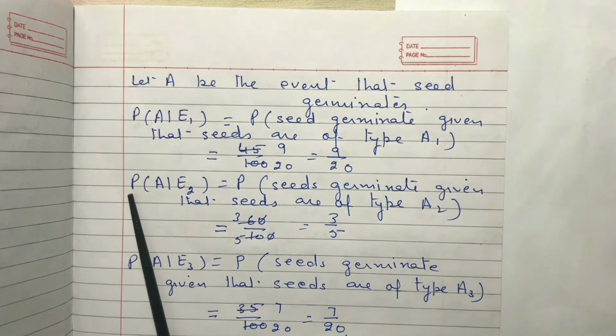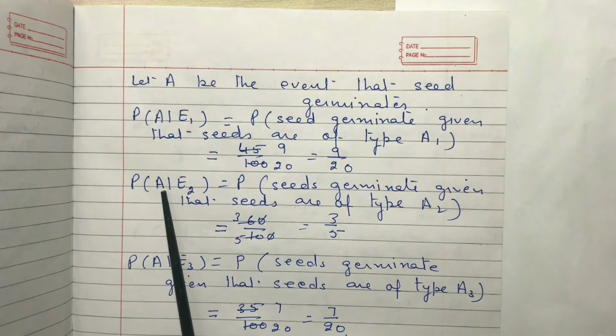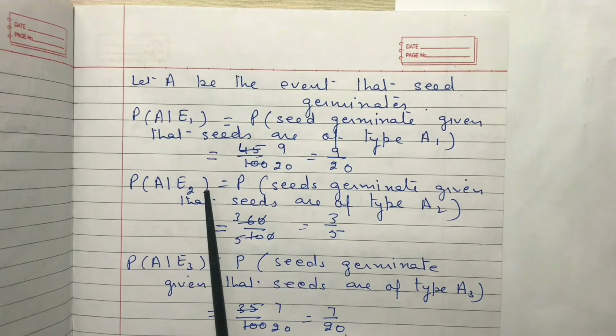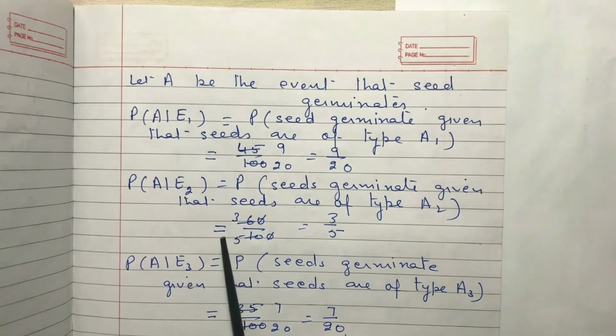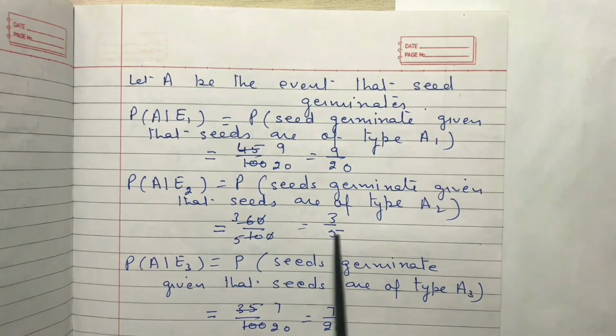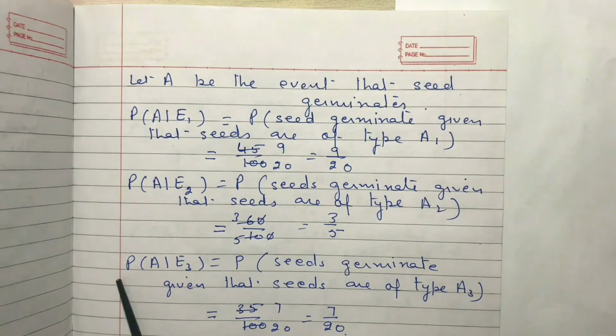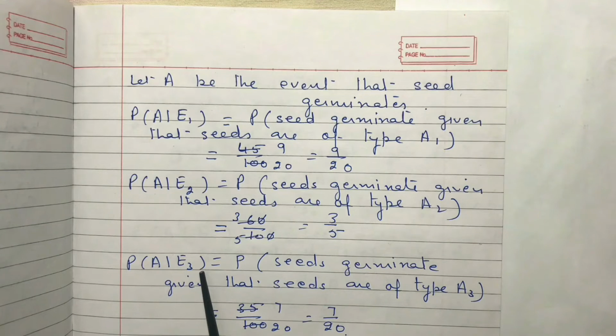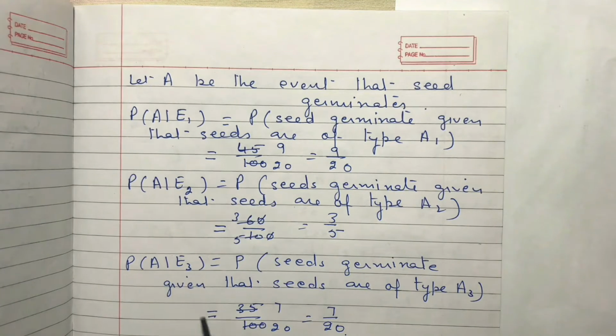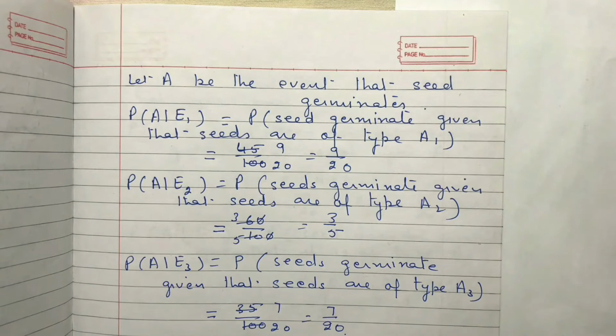It means probability seed germinates given that seed is of type A2. Now that is given 60%. So probability is equal to 60/100, that is equal to 3/5. Probability of A given E3. That is probability seed germinates given that seed is of type A3. So that is given 35%. So probability is equal to 35/100, that is equal to 7/20.